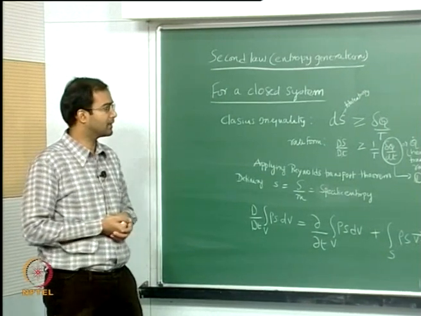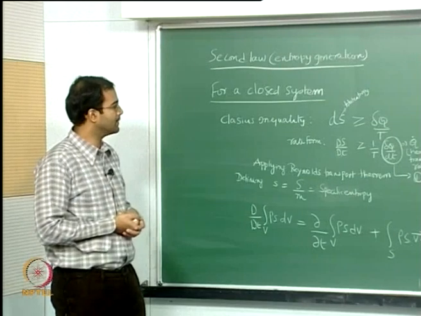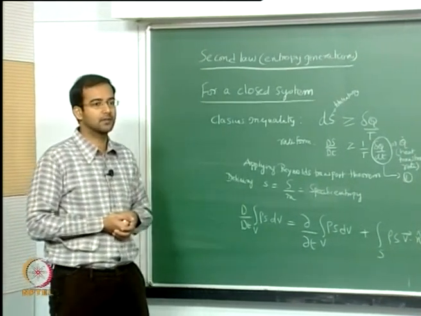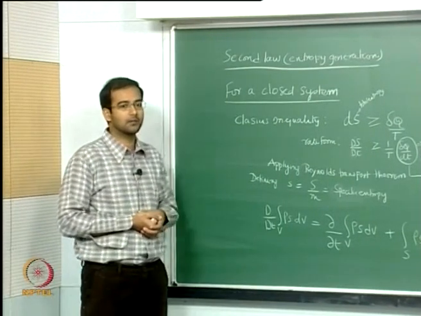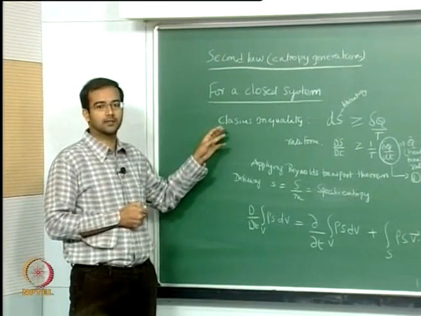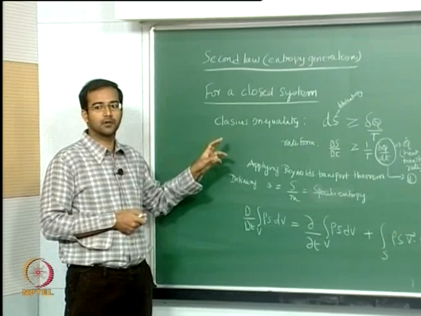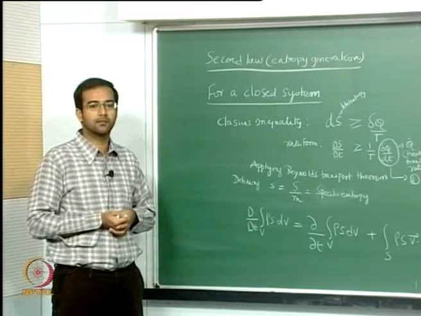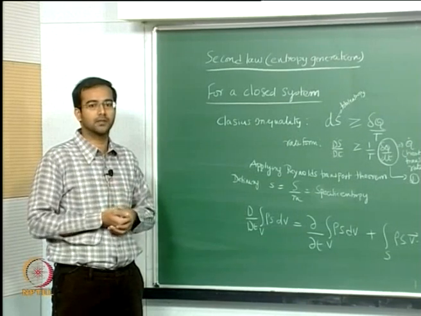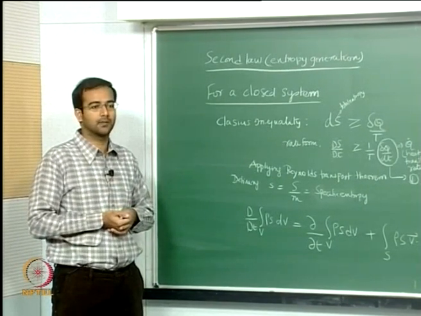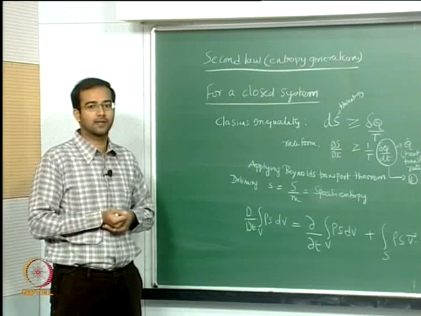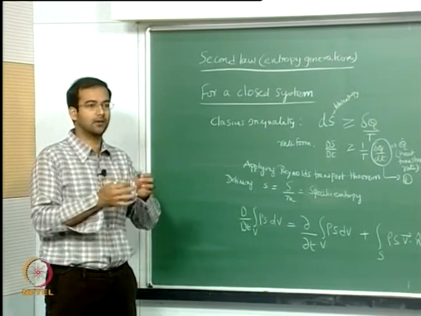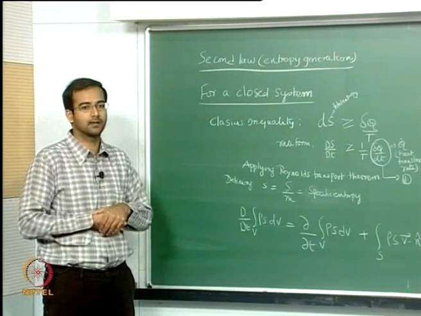After we have looked at the first law, it is also very important to look at the second law, because as we all know, most of the times we stop with the first law without too much botheration to the second law. But if you look at any practical heat exchanger device, entropy generation is very important. There are a lot of irreversibilities within the system, and we have to quantify the extent of these irreversibilities, and we should also identify what the sources of the irreversibilities are.